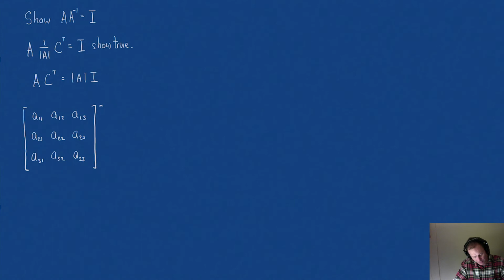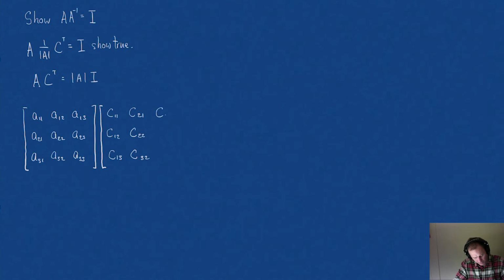And we said that the cofactor C transpose means all of our indices are backwards now. So this is really C11, C12, C13. And then we have C21, C22, C23.